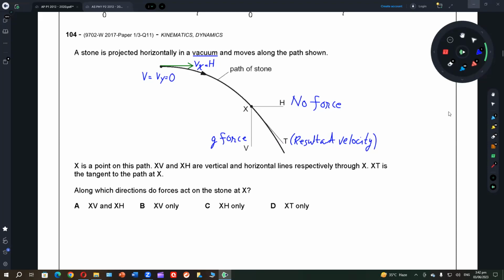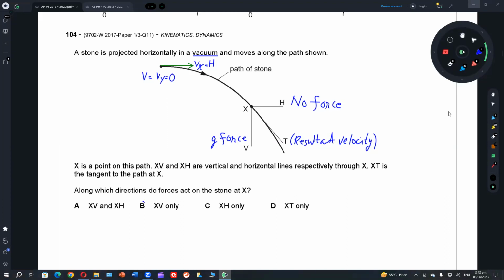So there's no force on XH either. Yes, because there is no air resistance. So XV will be the answer only.